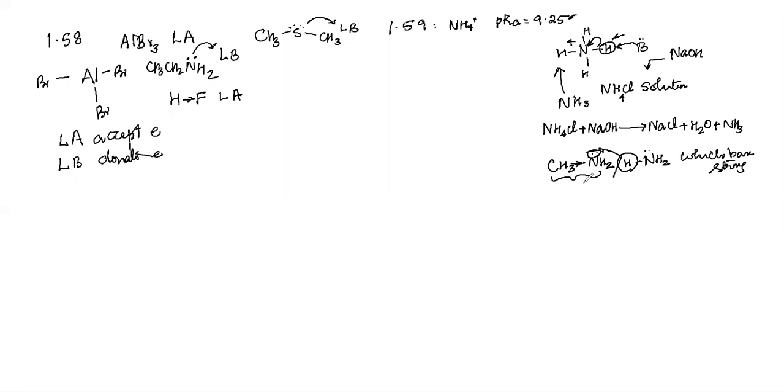The pKa value is 10.66. When pKa value increases, basicity increases, acidity decreases. So you can see here 10.66, methyl ammonium ion is more basic.